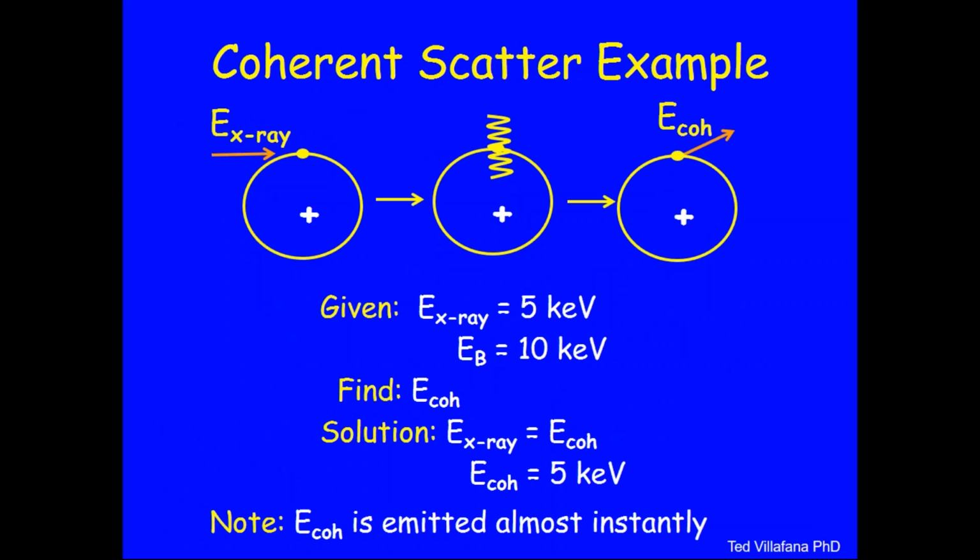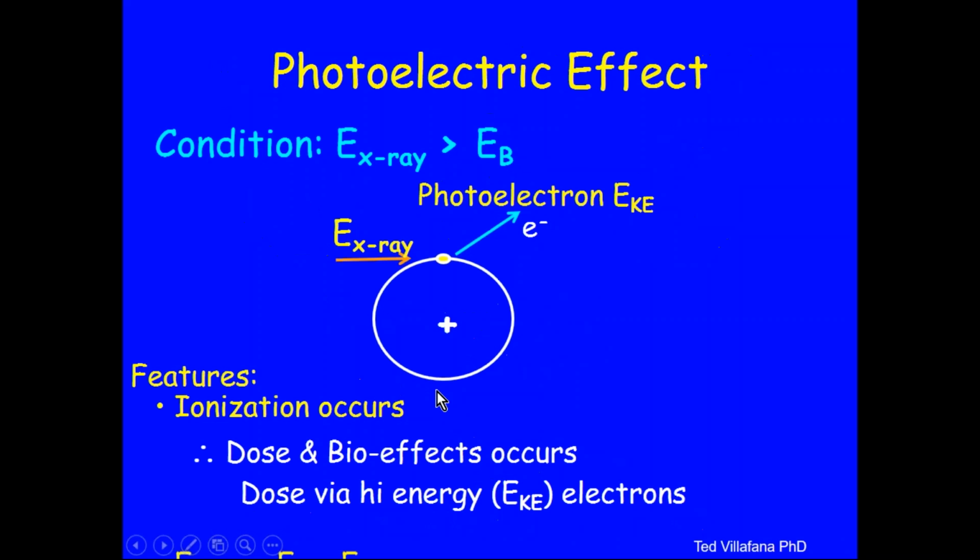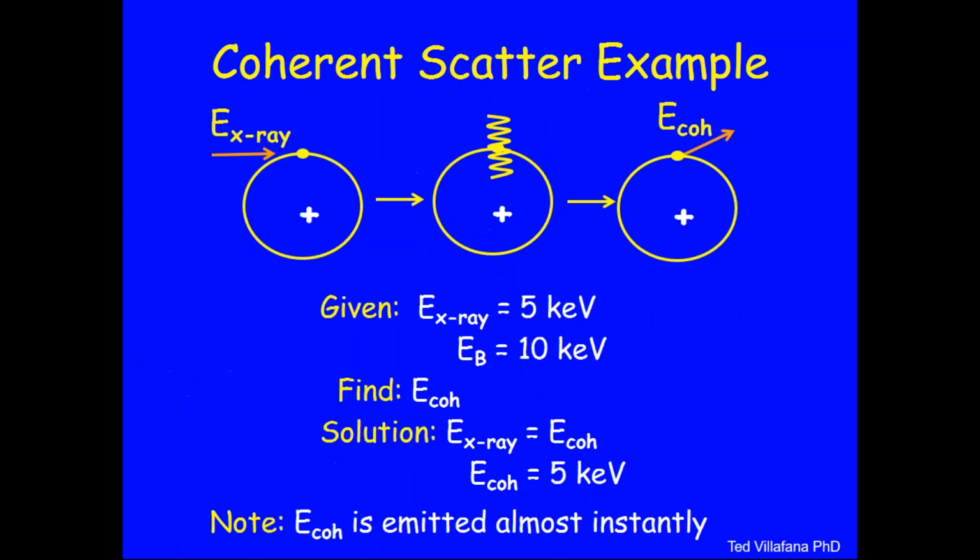Here's an example of that. If you have an X-ray energy coming in at 5 keV, but the binding energy is 10, right there, notice no ionization. You don't have enough to overcome the binding energy of 10. Well, you excite the electron, sure enough, and the question is then, what is the energy of the coherent scattered photon? It's always equal to the energy that came in.